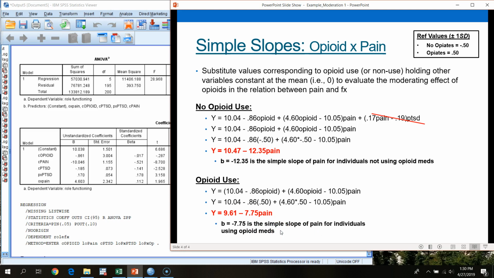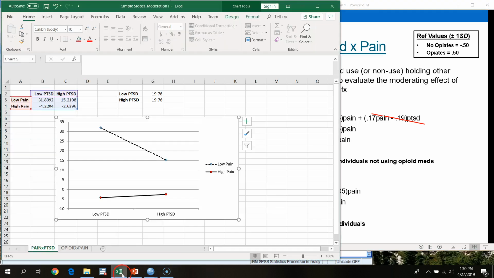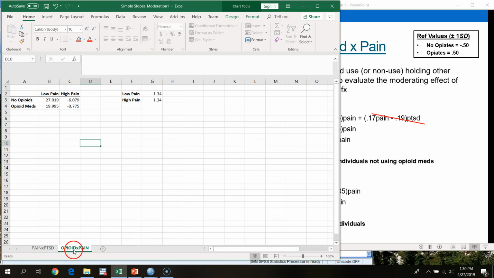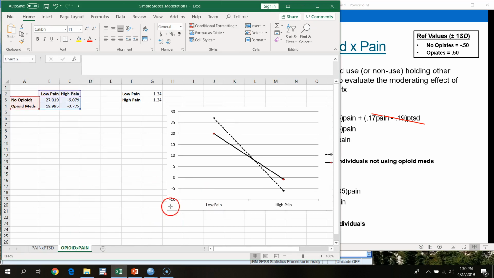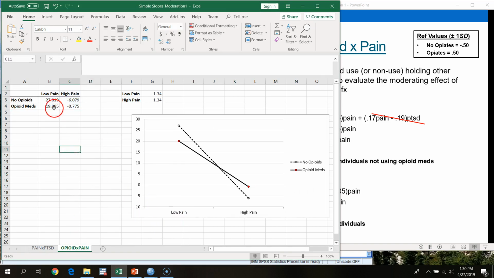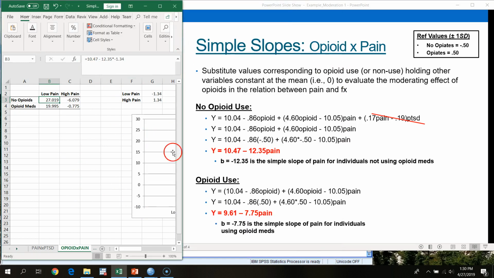Okay, so this gives me my conditional effect of pain for people who aren't using opiates and who are using opiates, and again, I can go through and graph this out so I can see what those simple slopes look like. Again, this is my conditional effect of pain for individuals who aren't using opiates.